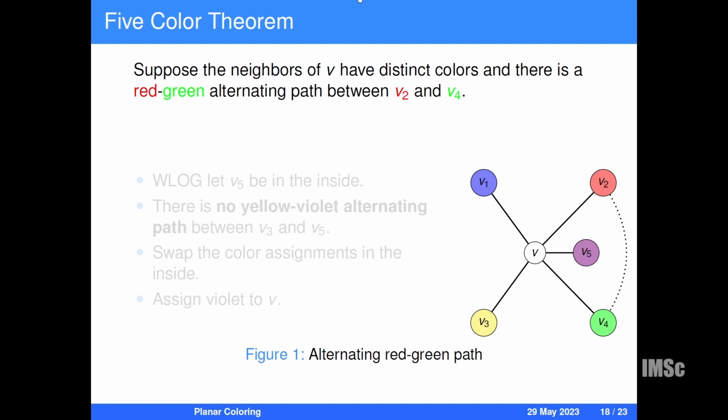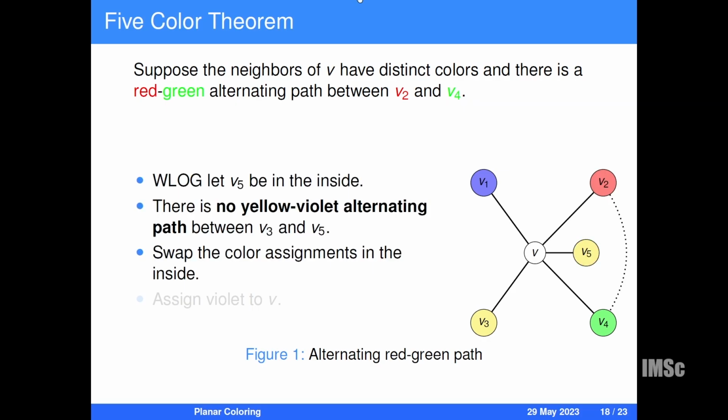Now you see that there are only 4 colors being used in its neighborhood, right? Blue, red, yellow and green. Now you have space for the 5th color. Assign the color violet to the vertex V. Okay, so this case is done.